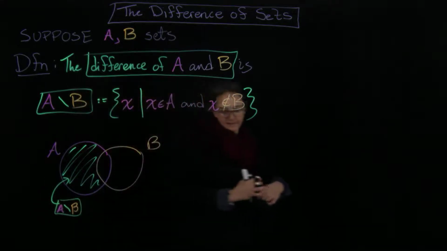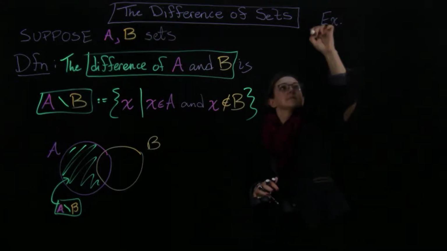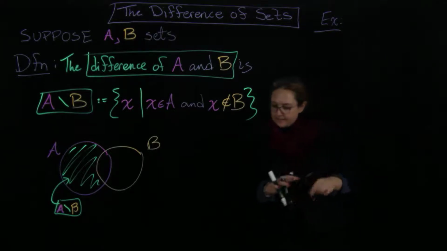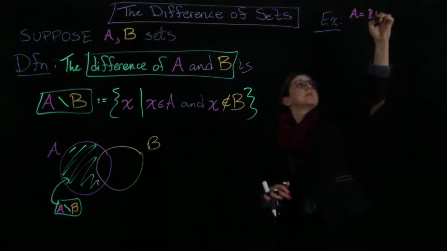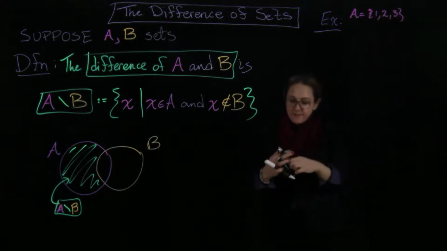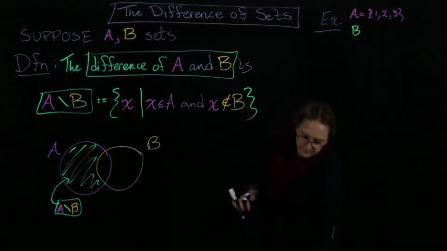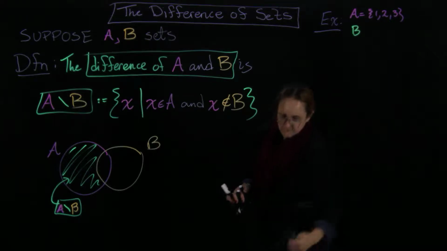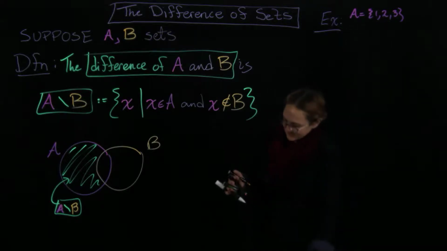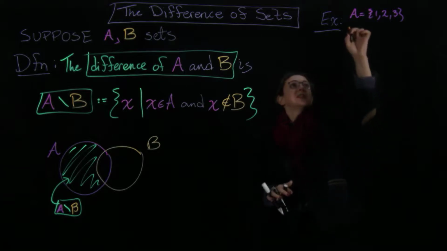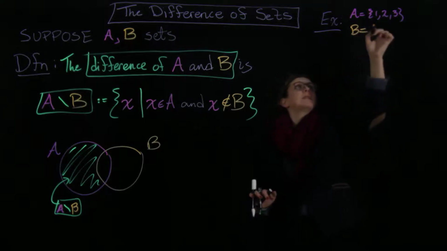Now let's look at a really quick example. Let's take A to equal {1, 2, 3}, and B to equal {3, 4, 5}.